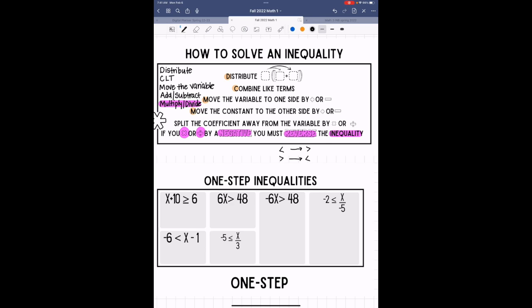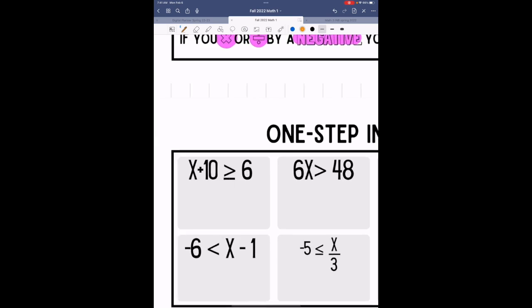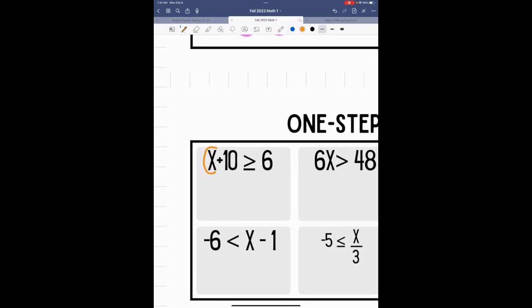All right, so when I'm looking at this first inequality, I'm solving for x. This is saying that x plus 10 is greater than or equal to 6, because it's got the equal to slash at the bottom.